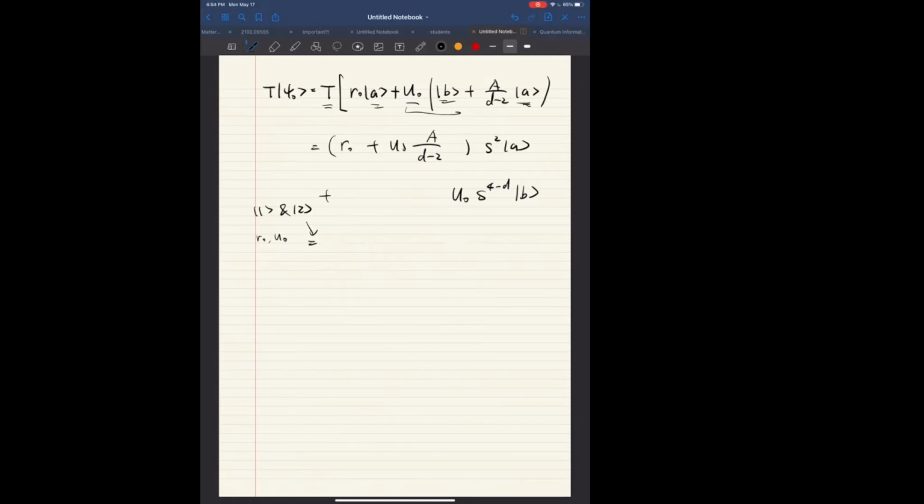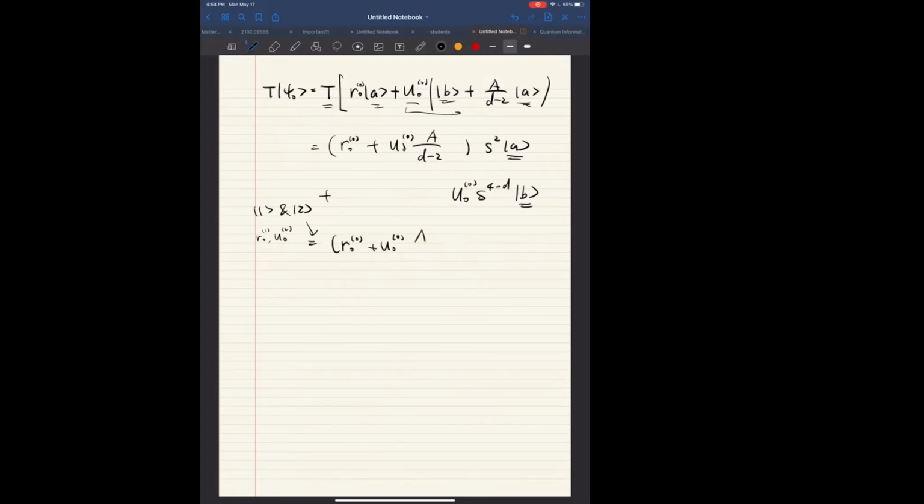So this will be labeled by 0 as a starting point. So you get something like R0,0. So you replace A and B by 1 and 2.